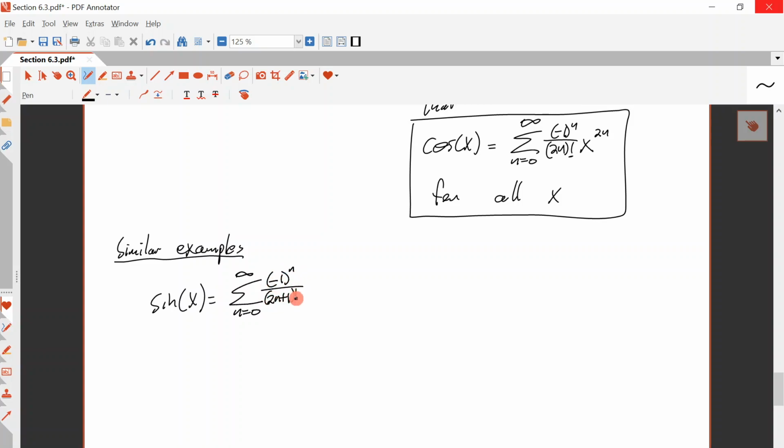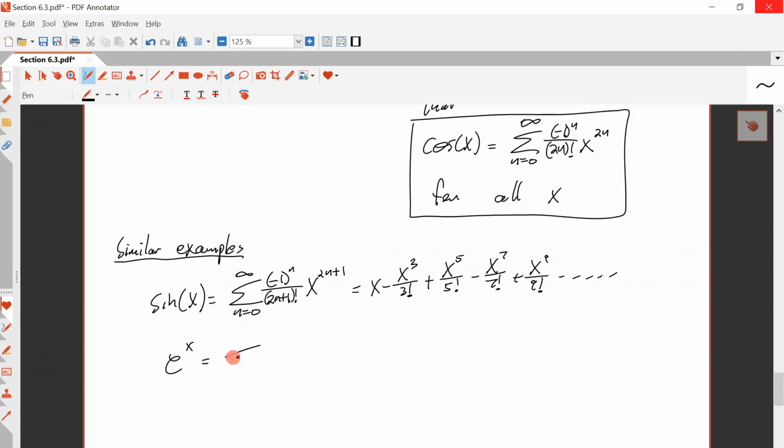So here it's the odd terms that are non-zero. So this is equal to x minus x to the third over 3 factorial plus x to the fifth over 5 factorial minus x to the seventh over 7 factorial plus x to the ninth over 9 factorial, so on and so forth like that.